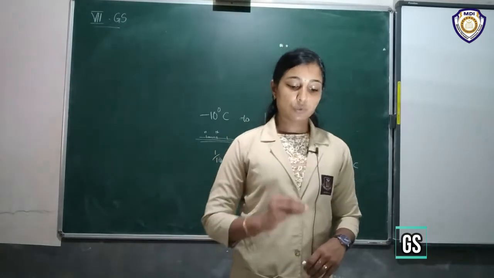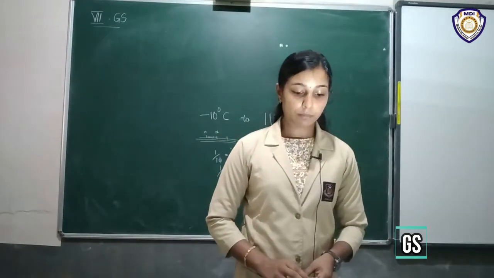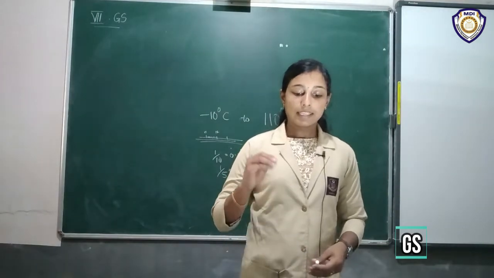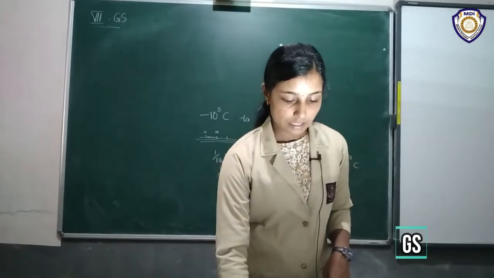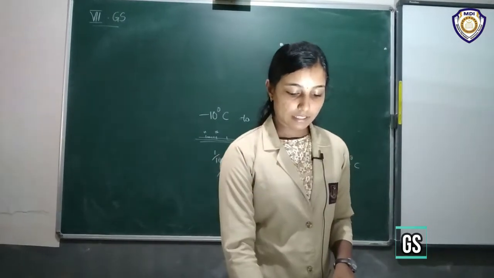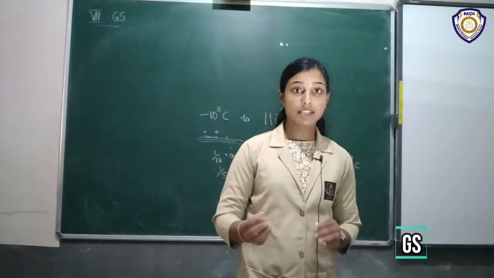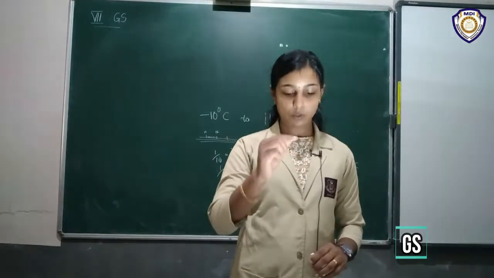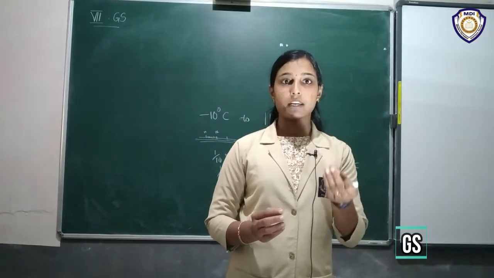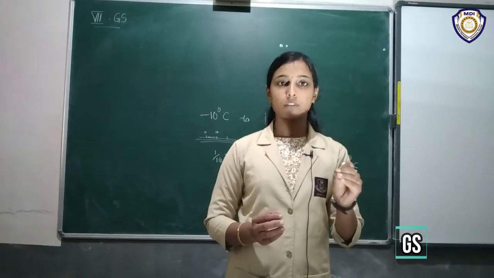If you observe a clinical thermometer carefully, you can see a kink, that means a slight curl or bend, just above the bulb.